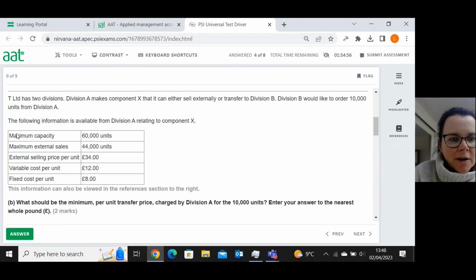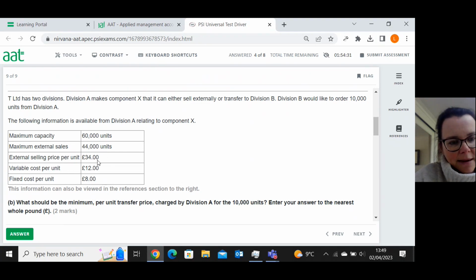So the following information is available. Division A can make 60,000 units. It can only sell 44,000 externally. They want to order 10,000, so that still only takes us up to 54,000 with the 44,000 external sales. So they've got capacity to do this.